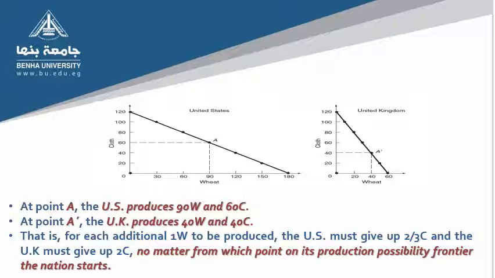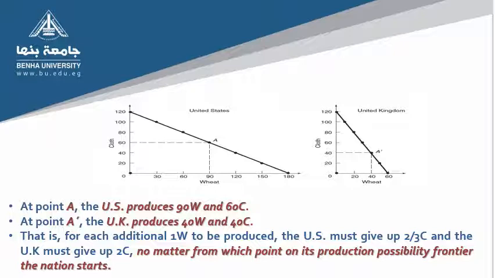Note also that the downward or negative slope of the production possibility frontiers indicates that if the United States and the United Kingdom want to produce more wheat, they must give up some of their cloth production.